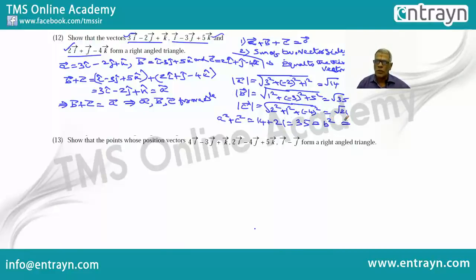So a square plus c square is equal to b square. This implies the vectors form a right angled triangle.